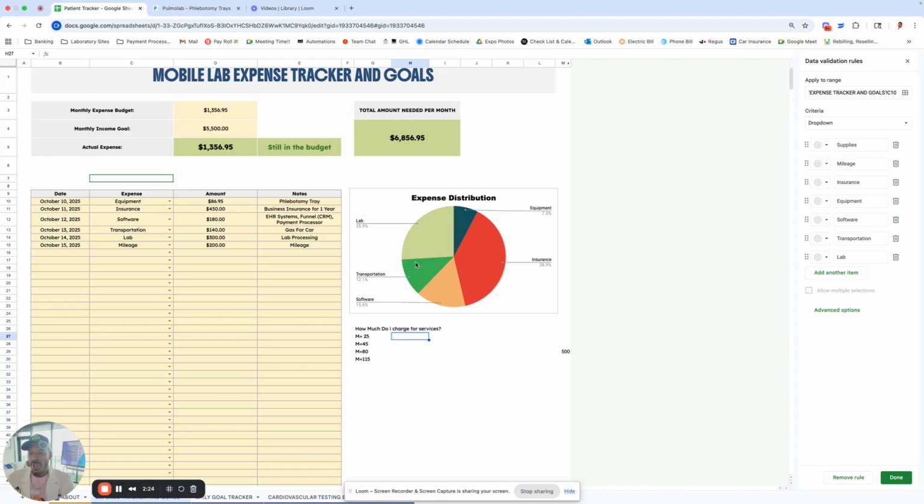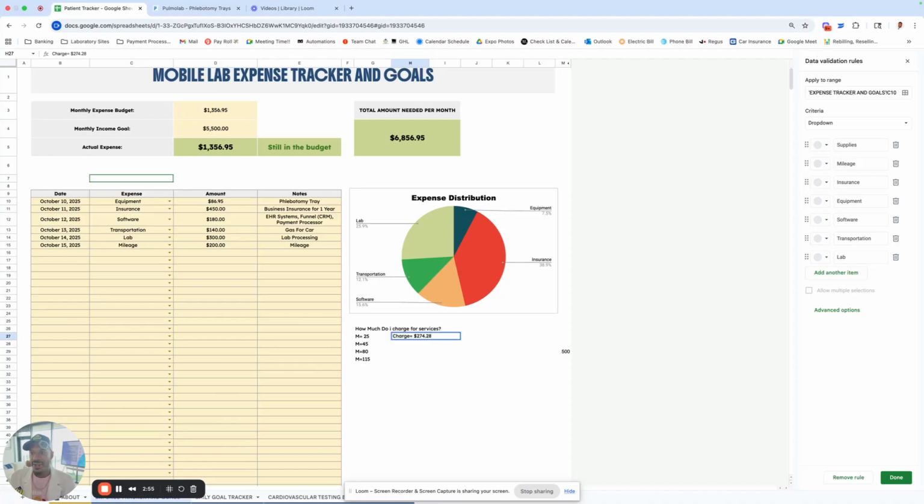So, okay. So for the first one, which is 25, if you're going to divide that by 25, so the 6,856.95 divided by 25 patients, you're going to need to charge $274.27. Okay, so I'll put that right here. So that's $274 and, let me just round it to 28 cents.